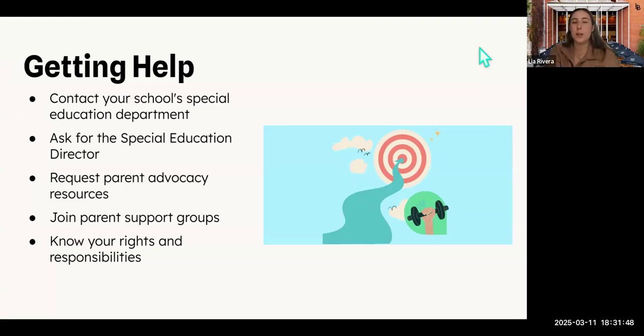Danielle briefly mentioned that there was a link for one. If you look up IEP advocate near me, there's a handful of people who are always able to support. Schools also might be able to provide parent support groups, and it's important to review your rights and responsibilities within the student's educational journey.